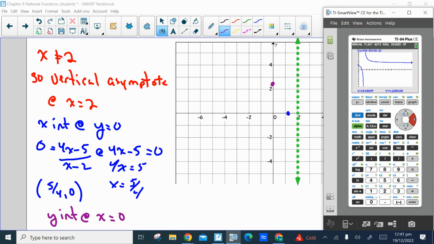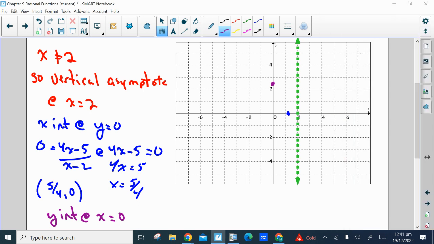It's approaching a value of positive 4. And we could keep doing this till this time tomorrow, and it would never get to positive 4. It's getting closer and closer to positive 4, but it'll never get there because that is actually the equation of the horizontal asymptote.